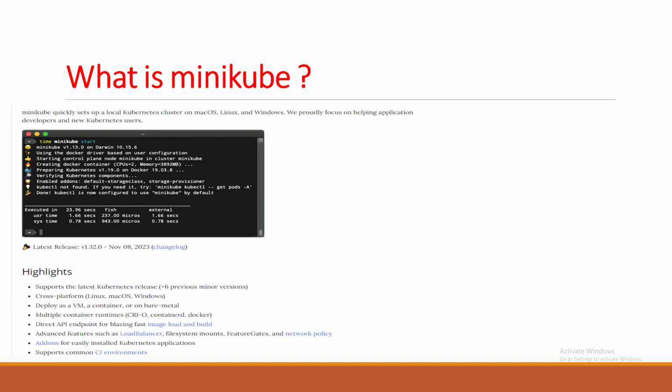It supports the latest Kubernetes release, is cross-platform, and can deploy a VM, a container or bare metal, with multiple container runtimes, a direct API endpoint, blazing fast image loading, and advanced features such as load balancer, file system mounting, feature gates, and network policy additions, for easily installing Kubernetes applications. It supports common CI environments.